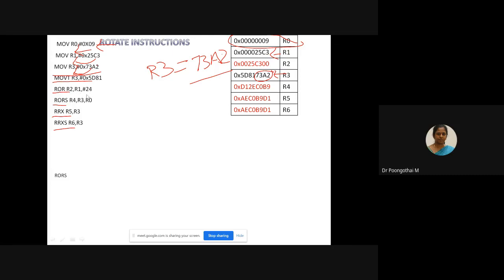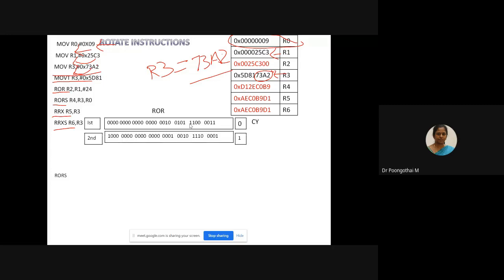The number of rotations to be performed here is 24, so all the bits move 24 places to the right. That is the operation of ROR R2, R1, #24. Initially, your R1 is loaded with this value, 25C3. This represents the 32-bit binary value, the binary representation of your 25C3.